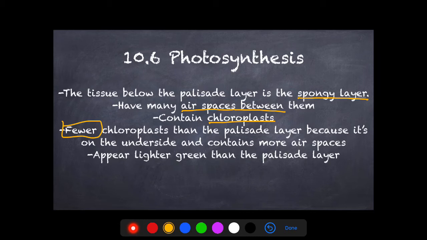If you look at a leaf on a tree, you can notice that the top part of the leaf is a lot darker green, because there are more chloroplasts, therefore more chlorophyll, which is a green pigment. The bottom of the leaf is a lot lighter green, because there are not as many chloroplasts, therefore not as much chlorophyll, which gives it the green pigment.